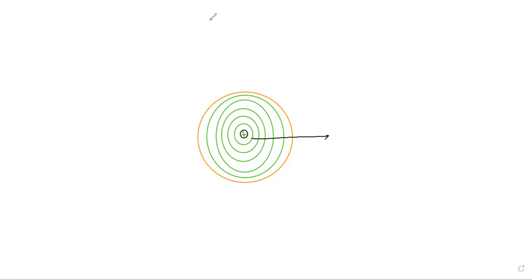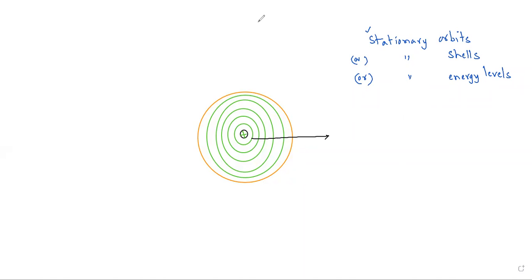That is the reason why the orbits, shells or energy levels are called stationary orbits, stationary shells, or stationary energy levels, because their energy remains constant.